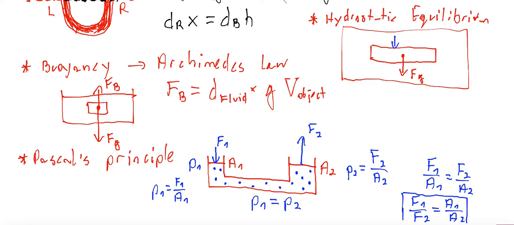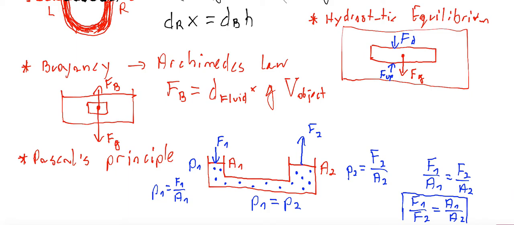experiences a pressure from this side, which creates a downward force on this part of the fluid, and pressure from the lower side, which creates an upward force, up, and this will be down, then all forces acting on this part must be balanced.